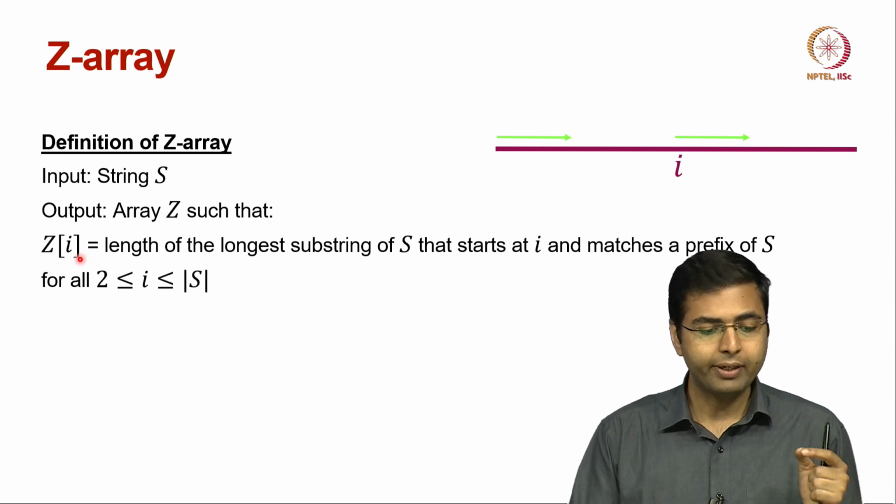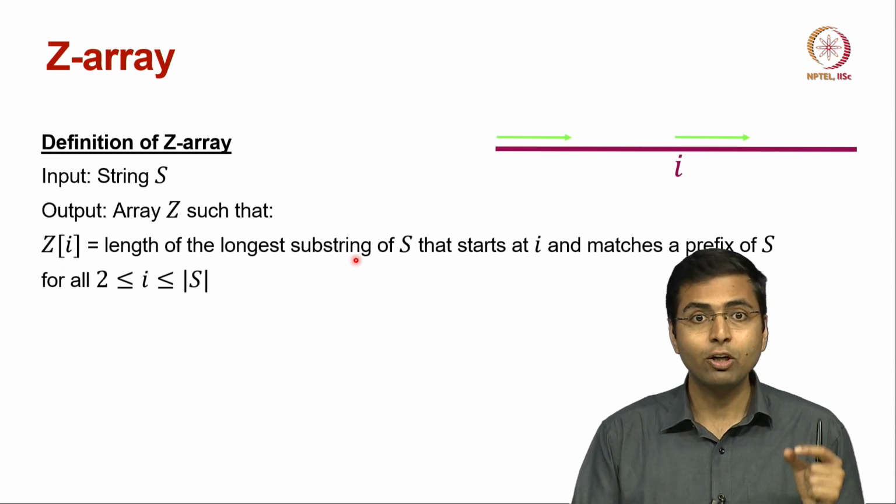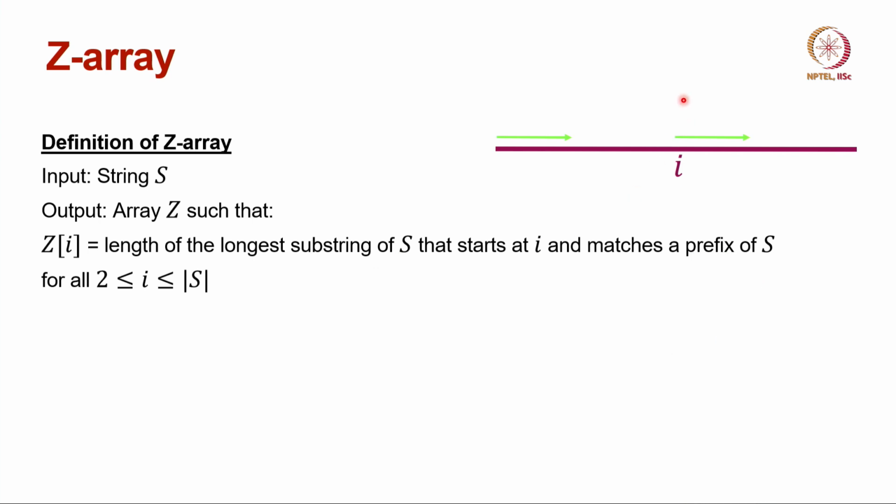Zi should tell me the length of the longest substring of S that starts at position i and matches a prefix of S. So for example, at position i I need to know the longest substring that starts at position i and also matches the prefix of S.